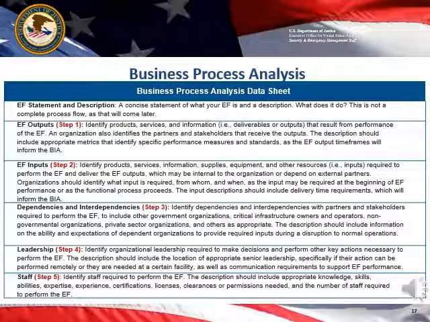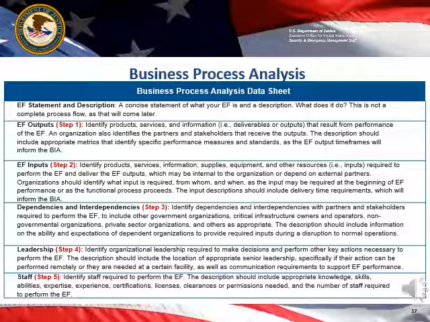Step 4 includes organizational leadership required to make decisions and perform other vital actions necessary to perform the mission essential functions. The description must include the location of appropriate senior leadership, specifically if their activity can be performed remotely or needed at a specific facility, and communication requirements to support mission essential function performance.